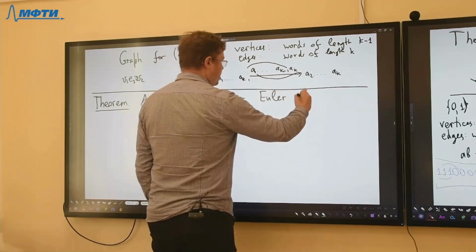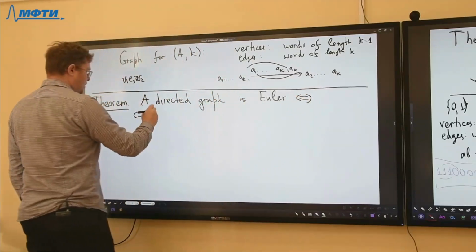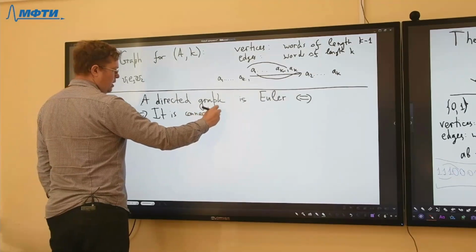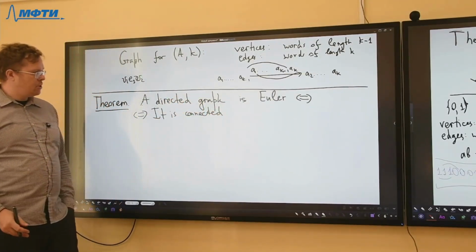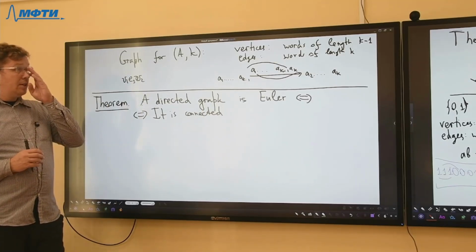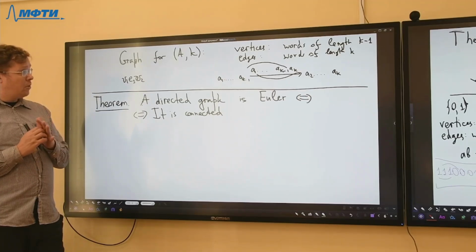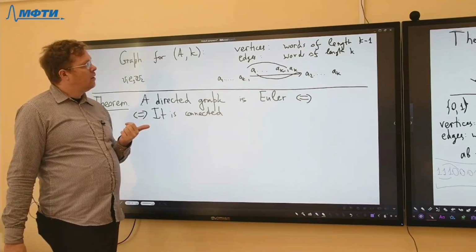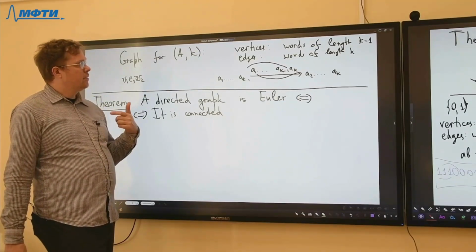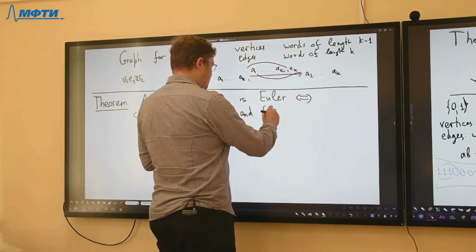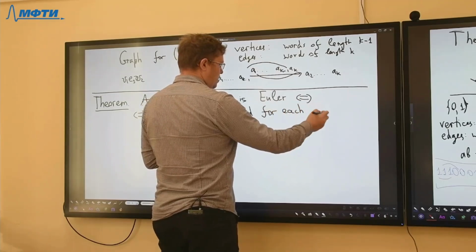It is Euler if and only if it is connected, and in the usual graph we just say that the degrees of all nodes are even, but now we can say that for each vertex the in degree is equal to the out degree.